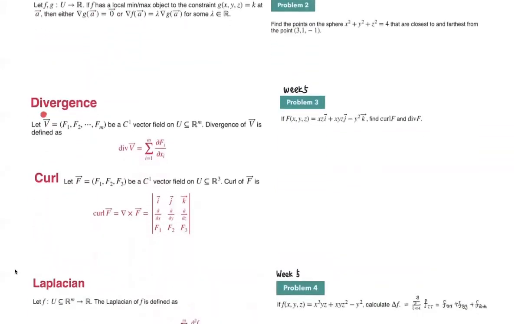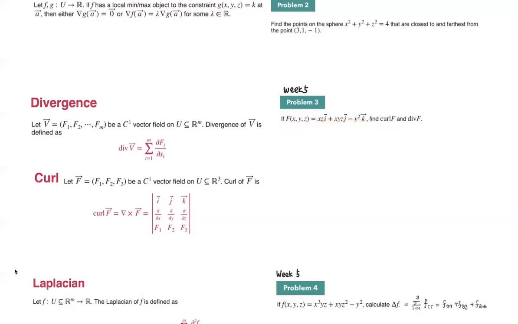And if there is a vector valued function, we can find the divergence, and divergence is just a scalar. We can calculate it by taking the partial derivative at each coordinate. Let's say that f is given like this.